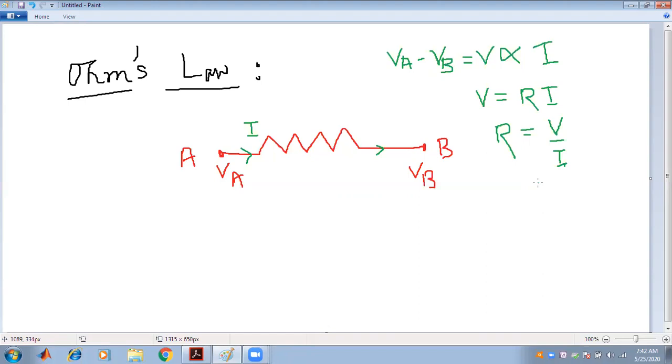The voltage difference is directly proportional to the current, and if we omit the proportionality constant, we get a proportionality constant called R. It is known as resistance. So R equals V by I. This is the Ohm's law that is known to us.